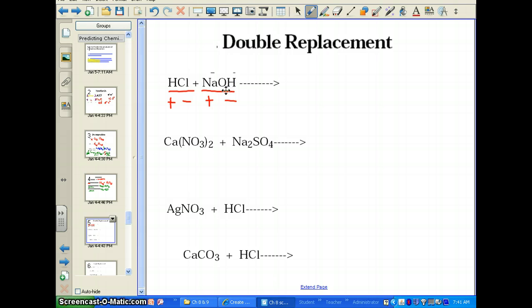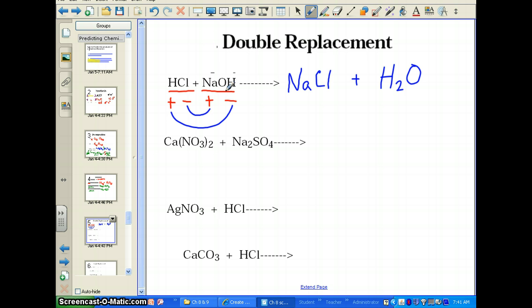So in this case, the hydrogen is going to get together with the hydroxide on the product side, and the sodium is going to get together with the chlorine. So when I write the products of this reaction, combining the sodium, which is +1, with the chlorine, which is -1, I can write the formula sodium chloride, NaCl. Likewise, hydrogen and hydroxide, I always put the positive first. So the second product is water.